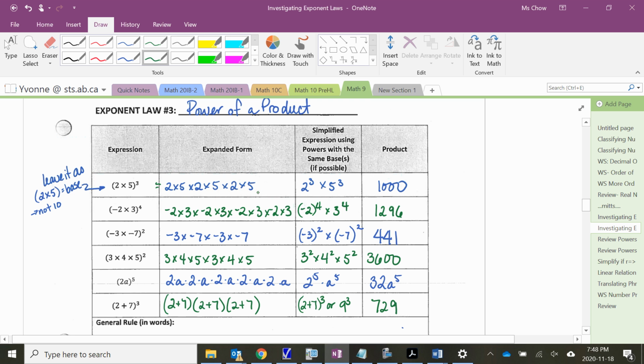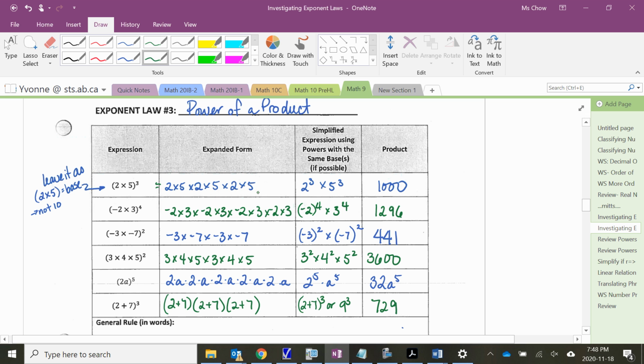The order doesn't matter, so I could really rearrange that to 2 times 2 times 2 times 5 times 5 times 5, also known as 2 cubed times 5 cubed, which is then 1,000. And similarly for the next 4 cases, we can expand that all out as all multiplication, switch things around, and then rewrite them using powers, and then evaluate those products.